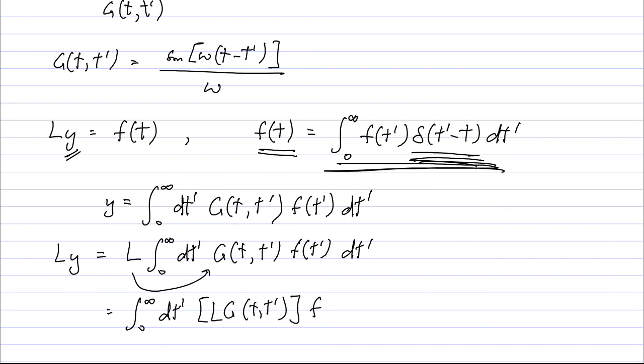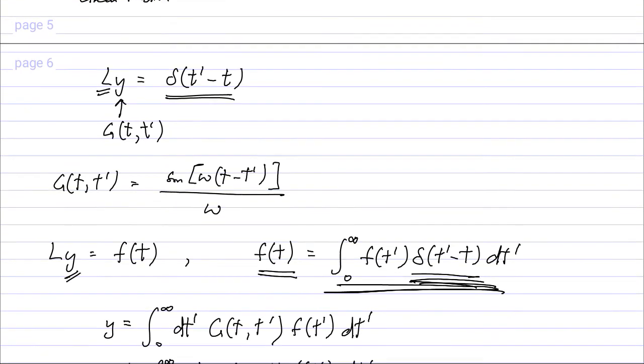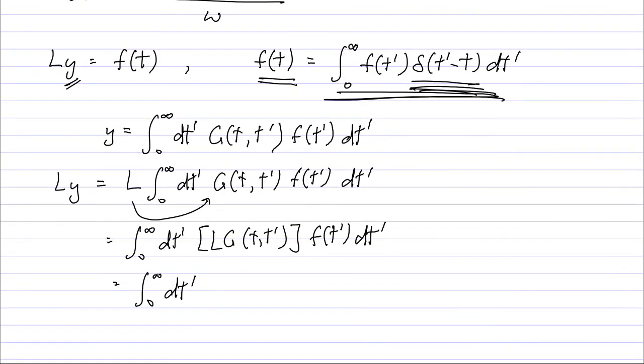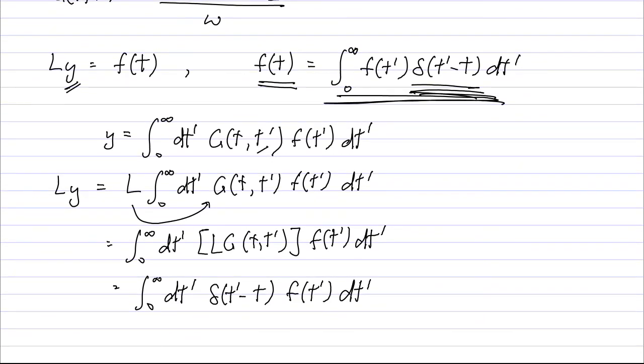That's the only term that contains t, and by definition of the Green's function, the way that we have defined it, this thing is simply delta(t prime minus t). That's what I meant when I previously said that you'll be seeing integrals with respect to the second argument in the Green's function.